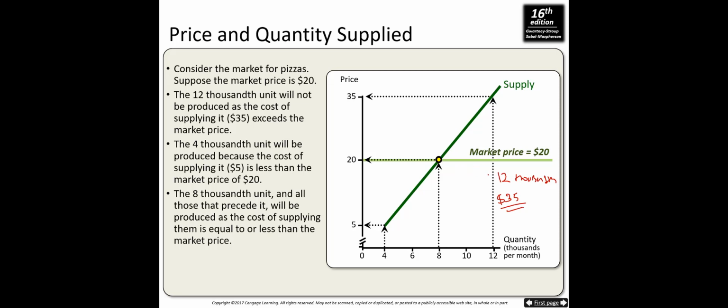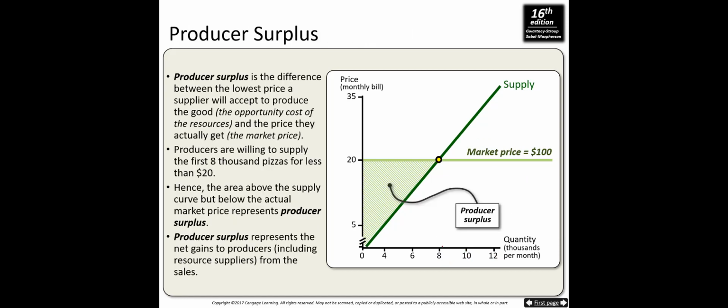They are making a loss, so it is not going to be produced. The 8,000th unit is going to be produced because at that point, price equals their opportunity cost of producing it. Therefore, the 8,000th unit and all those that preceded will be produced, as the cost of supplying them is equal to or less than the market price.